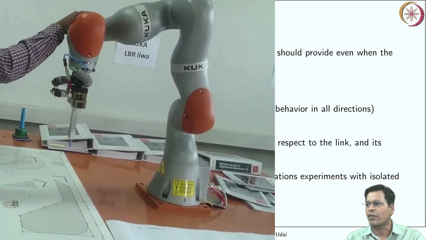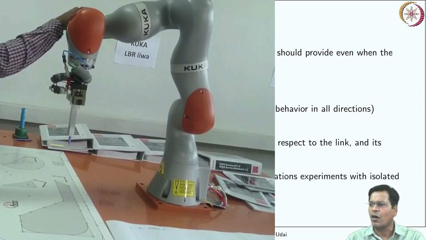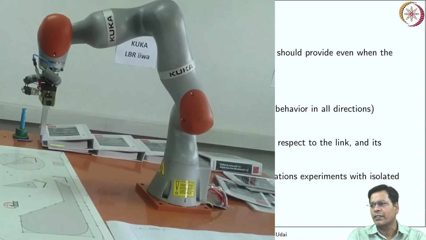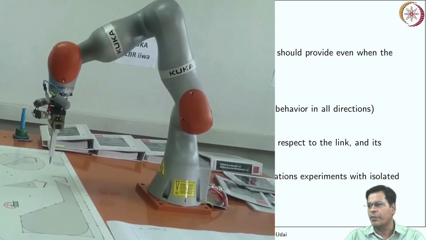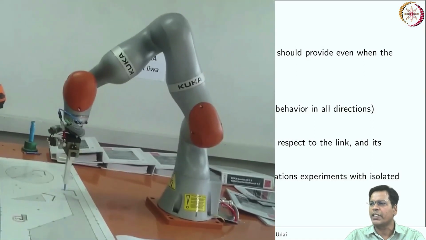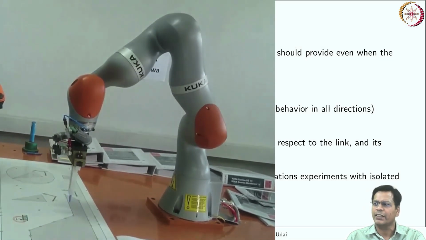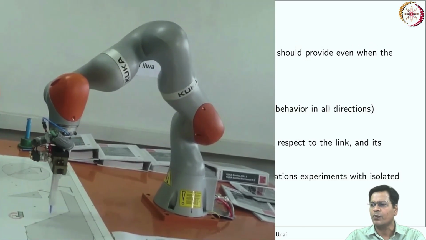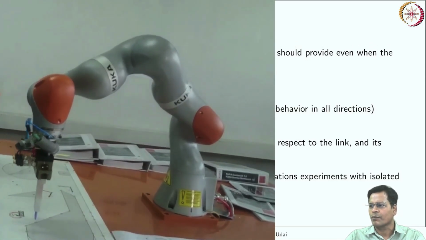So all static torques are absent. This is how one can teach a modern robot, and now it will repeat the sequence which is taught. Repeating is something else, but while teaching I could drag the robot. That is an application of gravity compensation.